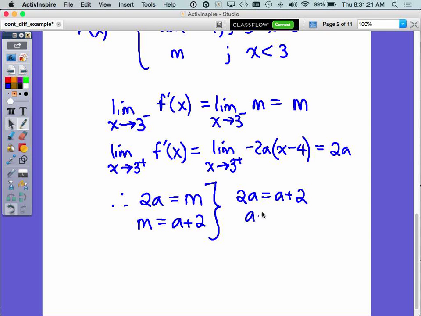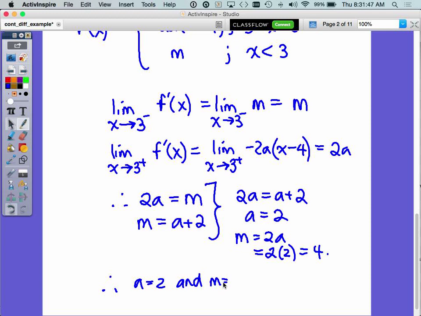Subtracting the a over, I'm left with a equals 2. And I know that m equals 2a and a equals 2. So therefore, m equals 4. And so I'm finished now, and I can say that for this function to be differentiable, I need a equals 2 and m equals 4.